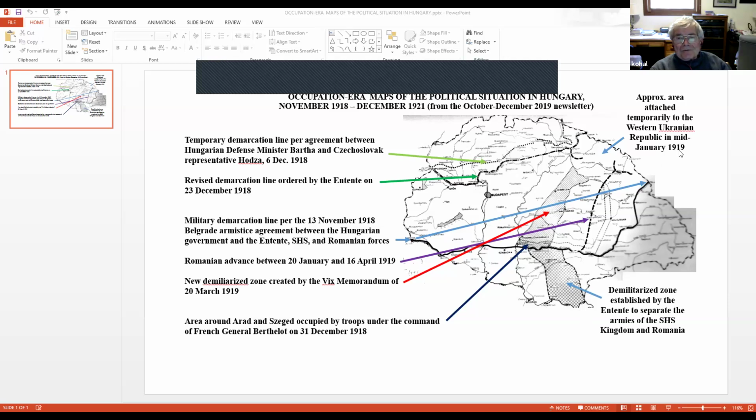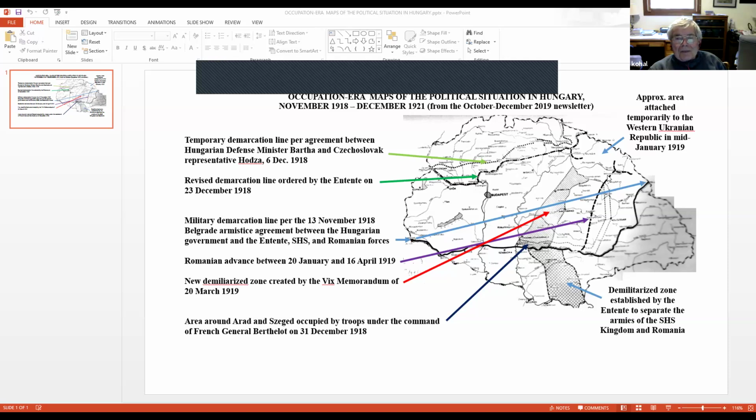The one thing that I know nothing about, this particular area of Carpatho-Ukraine, was temporarily attached to the Western Ukrainian Republic, and I just don't have enough information on that. And I don't think I've ever seen any philately on it.